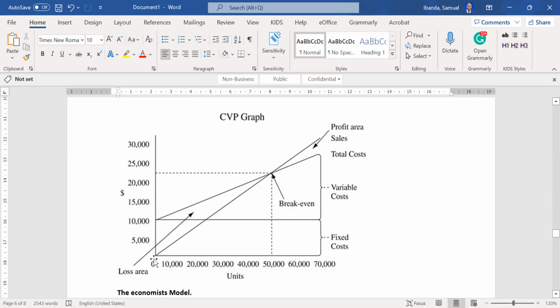At 0, we actually already have a fixed cost. We usually have this so-called fixed cost. Remember, we are trying to look at quantity versus revenue, cost, and profit. So we are saying that as our revenue increases, our quantity is also increasing. And that is also demonstrated when it comes to our formulas.